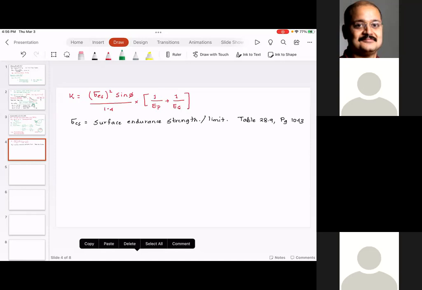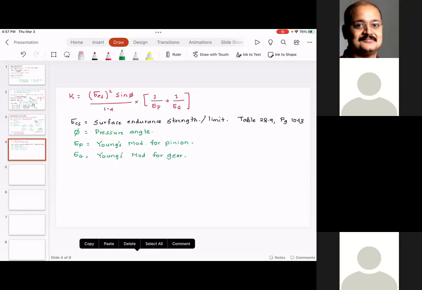Then phi is the pressure angle. EP is the Young's modulus for pinion. Eg is the Young's modulus for gear.